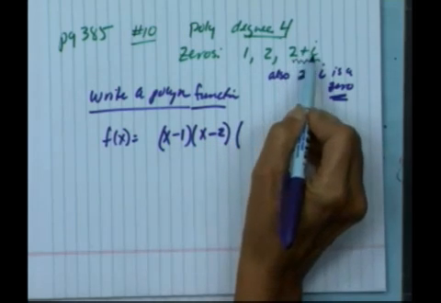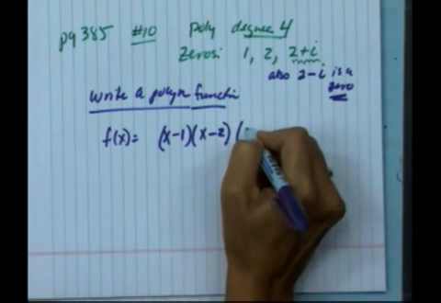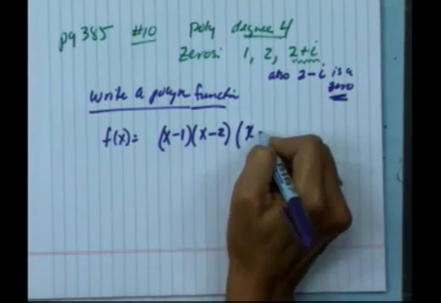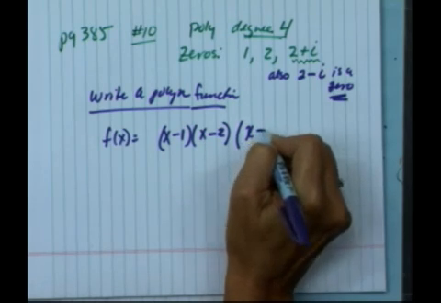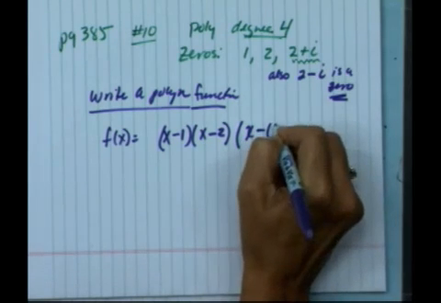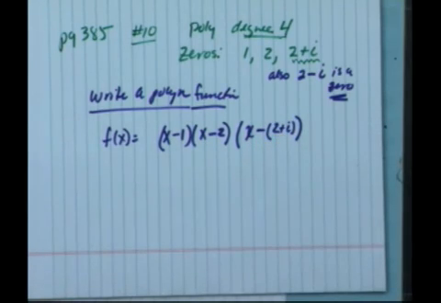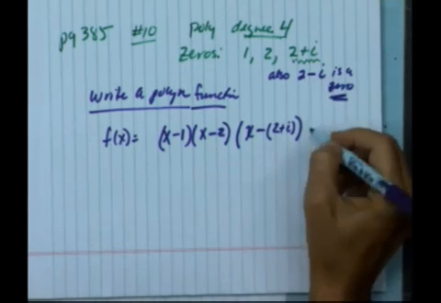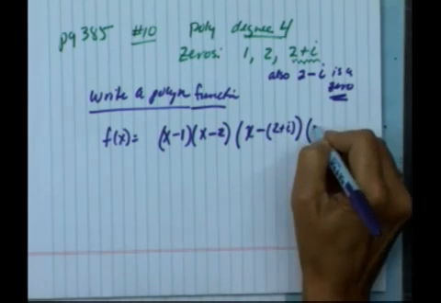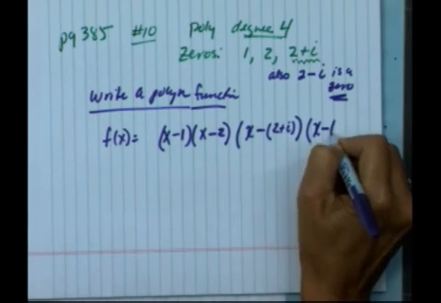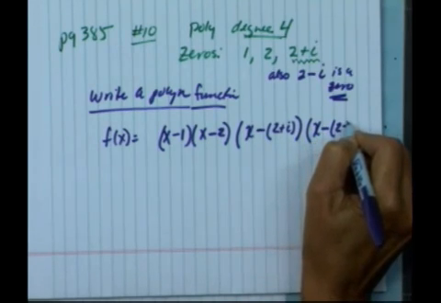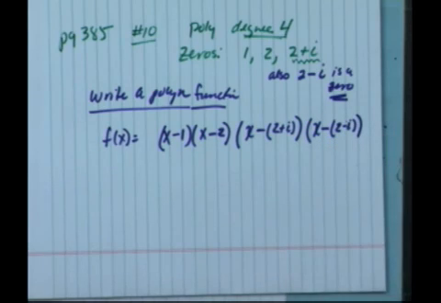If 2 plus i is a 0, what is a factor? x minus, we'll do a little parentheses here, 2 plus i. And if 2 minus i is a zero, then x minus 2 minus i is a factor.